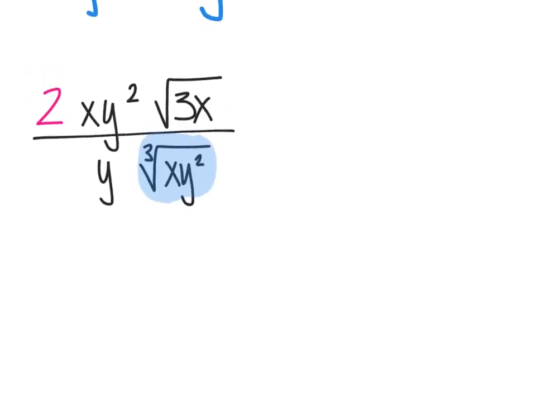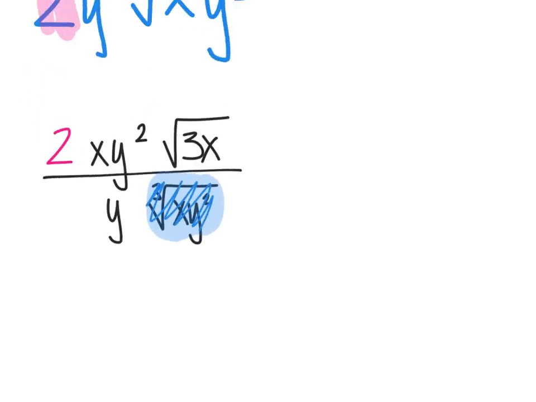I'm going to write that instead as x to the 1/3 power times y to the 2/3 power. And the reason I can do that is because, remember, if this is my root, it becomes my denominator. So this is really x to the 1/3, y to the 2/3 power.